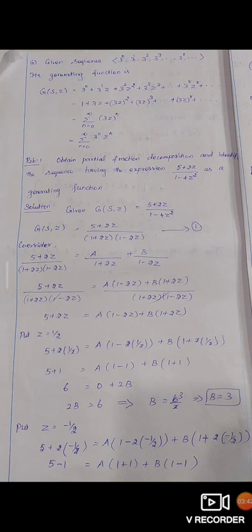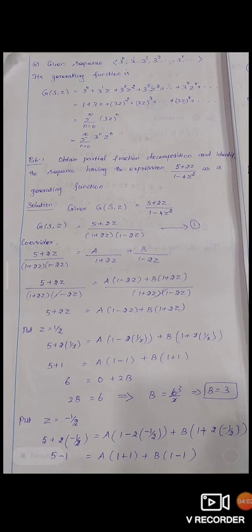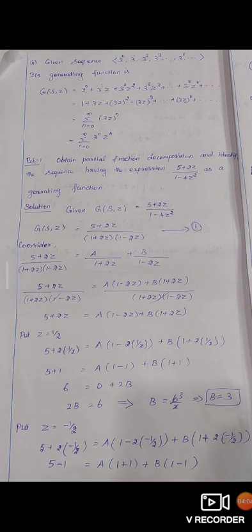So you have to factorize the denominator term, we get (5 + 2z) divided by (1 + 2z)(1 - 2z). Next you have to find out the partial fractions. You split it: (5 + 2z) divided by (1 + 2z)(1 - 2z) equal to a divided by (1 + 2z) plus b divided by (1 - 2z).